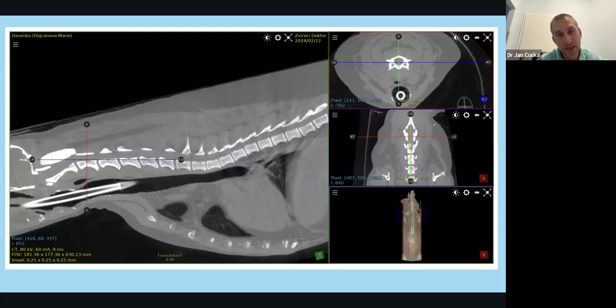But if the material is not calcified, you are not able to see it perfectly with a native CT. So that's the reason for myelography.